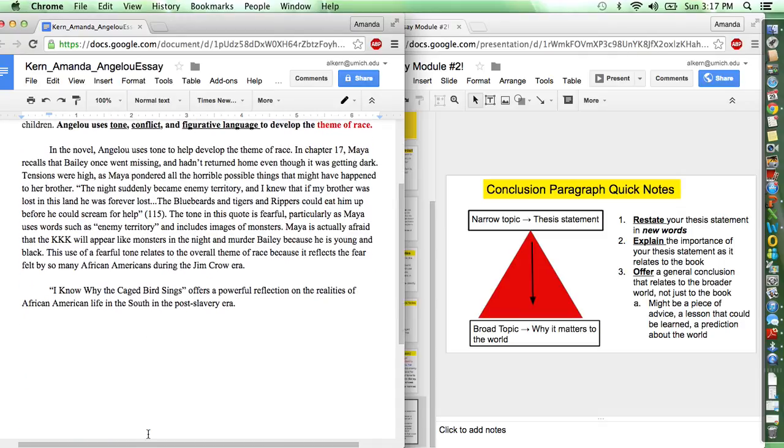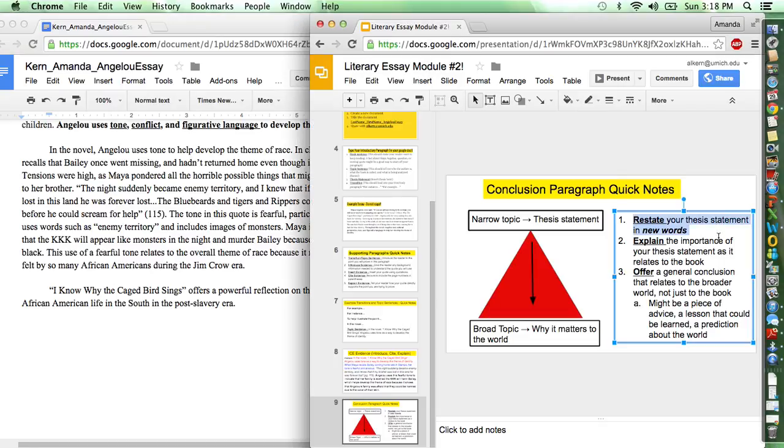So this sentence gives my reader another little bit of background and definitely relates to my overall theme of race.